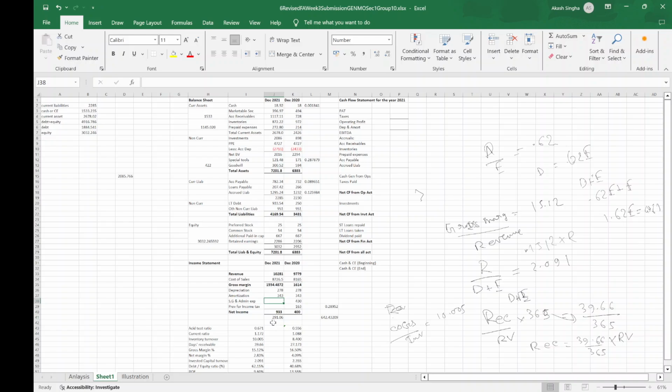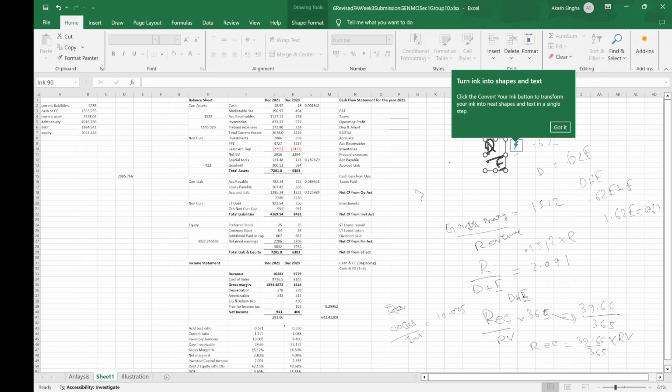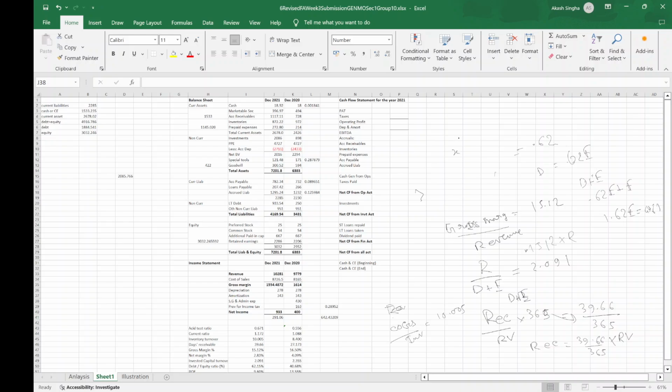So we can see the net value is now 933, right? So one value is x, another value is 933 minus 291, 642 minus x.